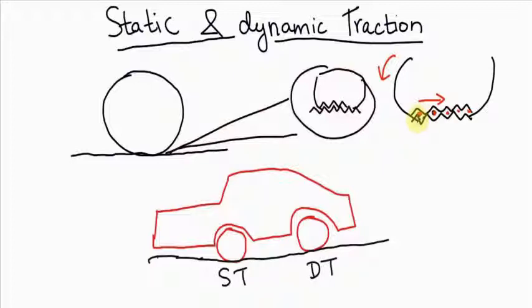So this is the basic difference: there is this external force in dynamic traction, whereas in static traction there is no such force. There is just the rolling motion, and no other forces act between the road surface and the tire surface. So back to dynamic traction.